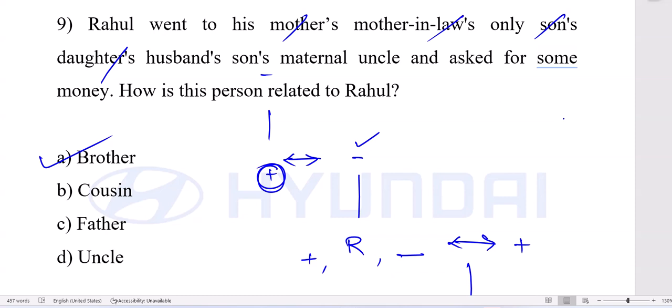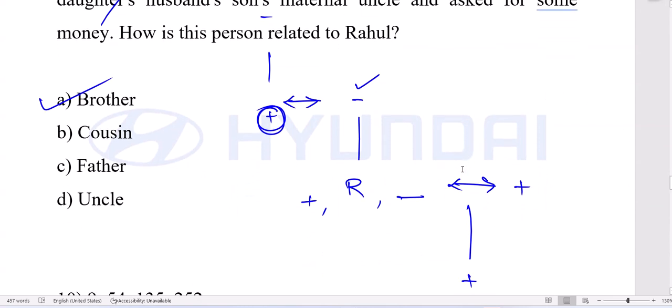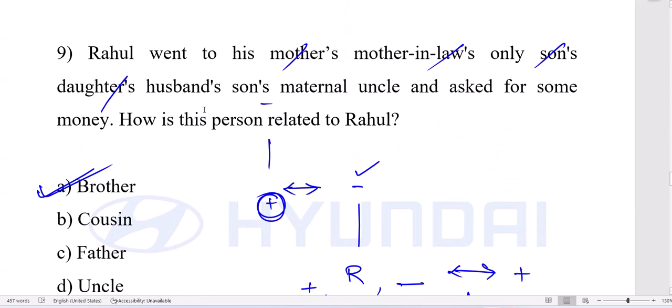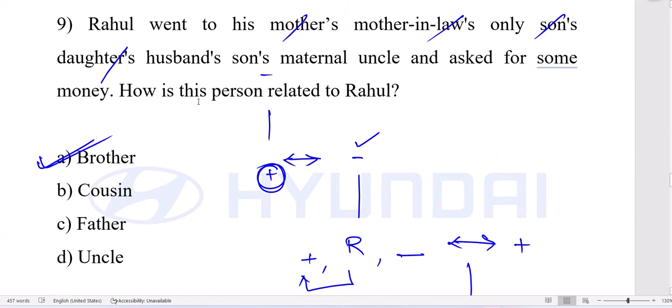Sister, husband, son. For that person, maternal uncle always means from the mother's side, mother's brother. So for this guy, mother is this person. So brother for that is Rahul, but Rahul himself is not given. Means Rahul may have one more brother. So how is this person related to Rahul? Rahul's brother. Good question actually related to blood relation. There is some depth in the question given in AMCAT only.